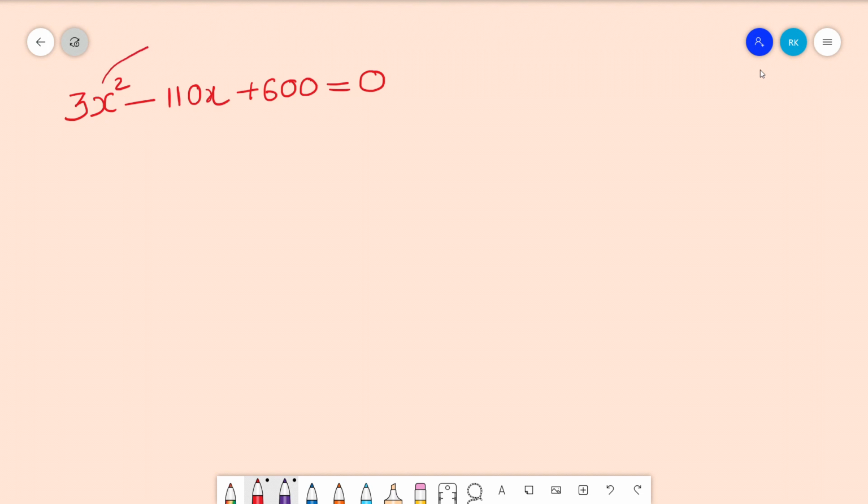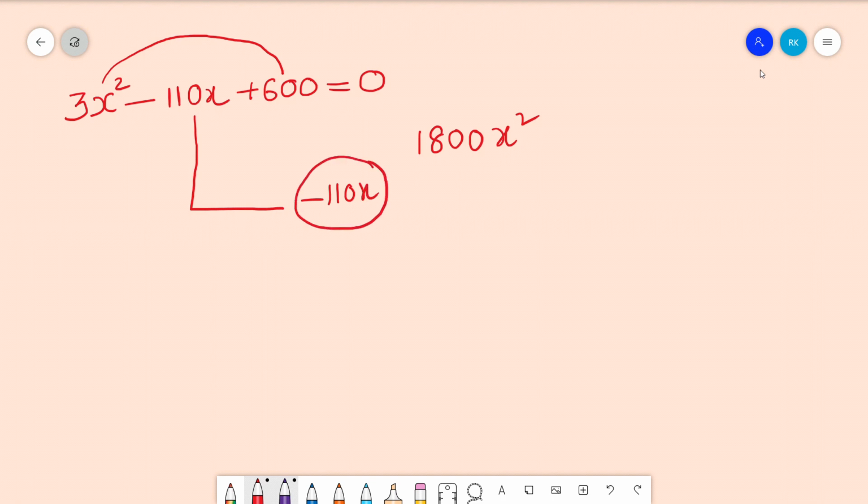On multiplying the x square coefficient and the constant term, I am getting 1800x square. I have minus 110x in the middle. Now let us split it into two parts.